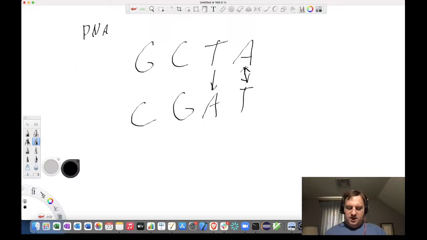DNA is always stored in chromosomes in pairs.